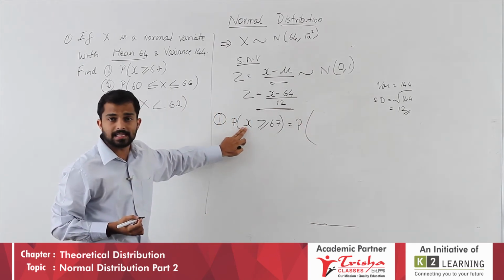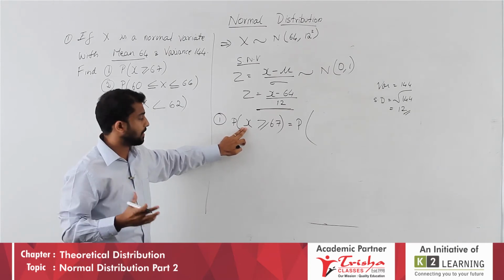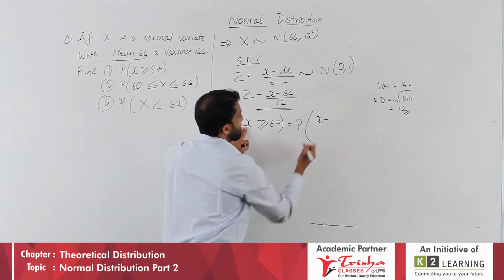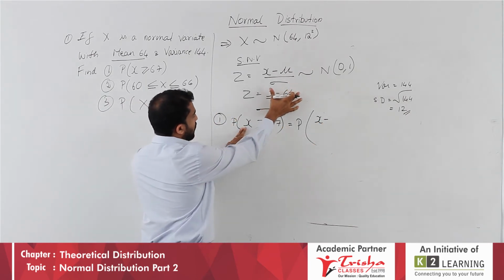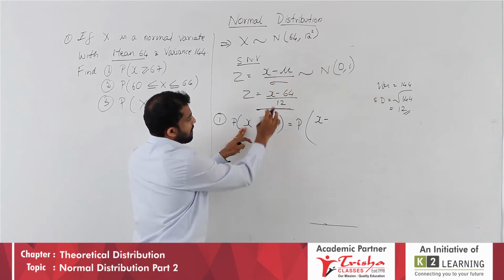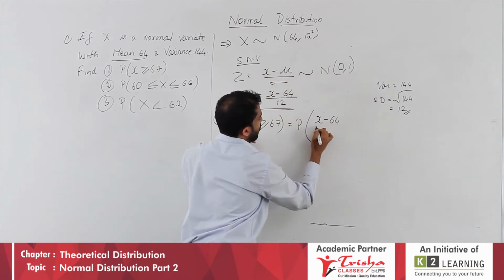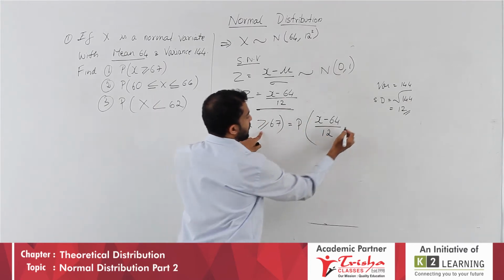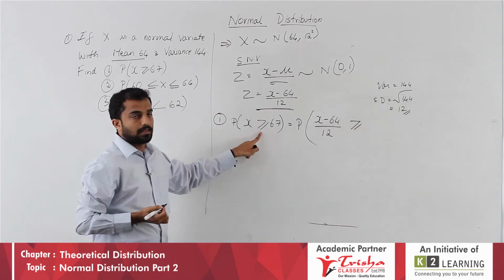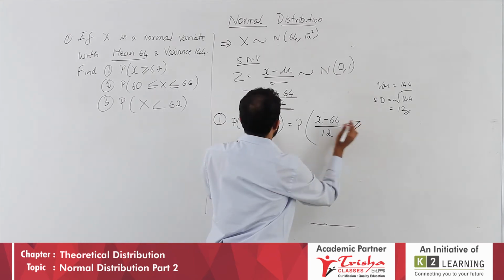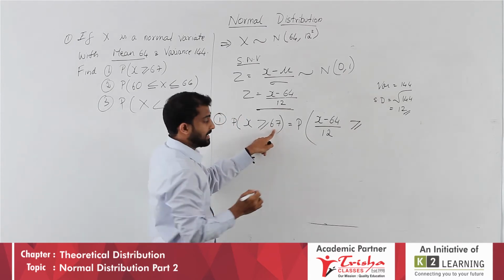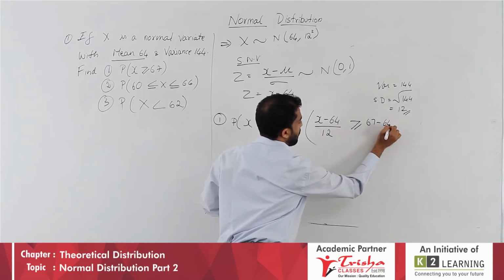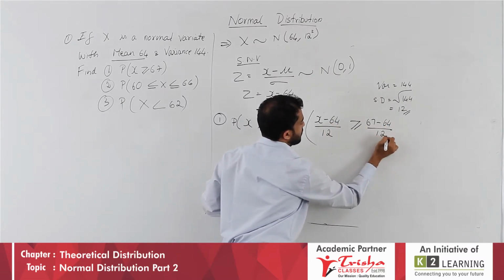First, wherever there is x, we will fill it with the normal variate function, that is, we will write x minus mu by sigma, that is x minus 64 divided by 12. Next, write the same symbol, greater than equal to. Then write, wherever there is x, write 67 minus 64 divided by sigma, which is 12.